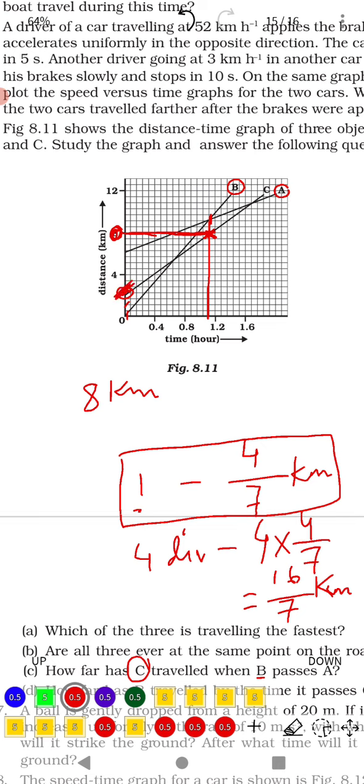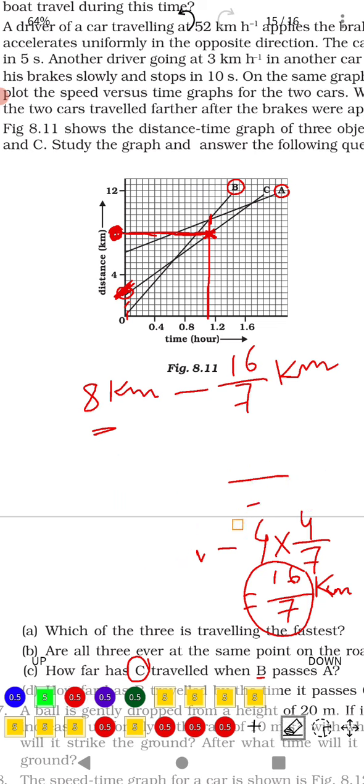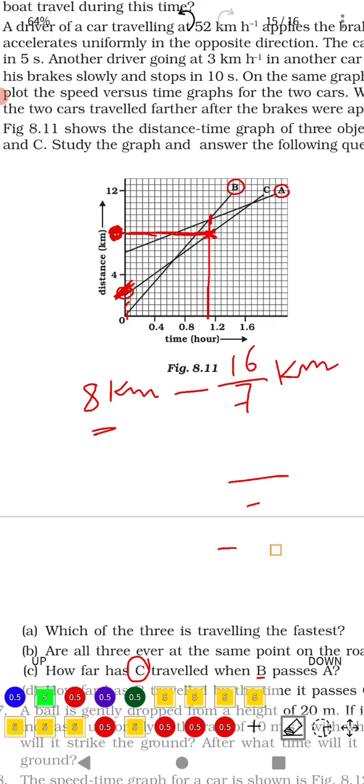And now where is C? Now C is at 8. So what is the distance travelled? Final, that is 8 kilometer, minus the initial. Initial we got 16 by 7 kilometer. So 8 kilometer minus 16 by 7 kilometer, the value obtained will be the answer. If you simplify, 7 will be the LCM.